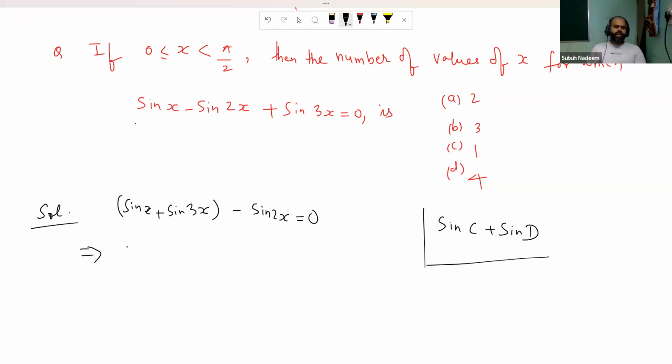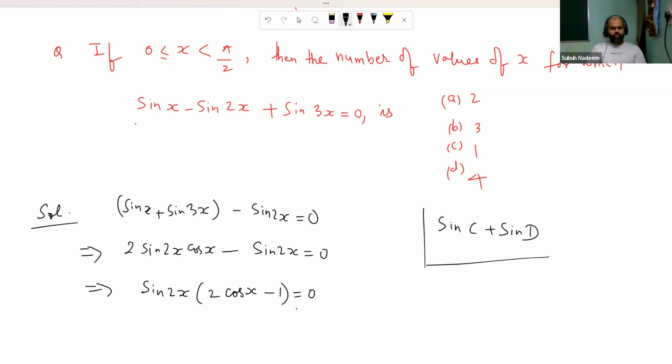So what you are getting, sine x plus sine 3x as 2 sine 2x cos x. And then minus sine 2x. Now I'm taking sine 2x common, then in the bracket 2 cos x minus 1.